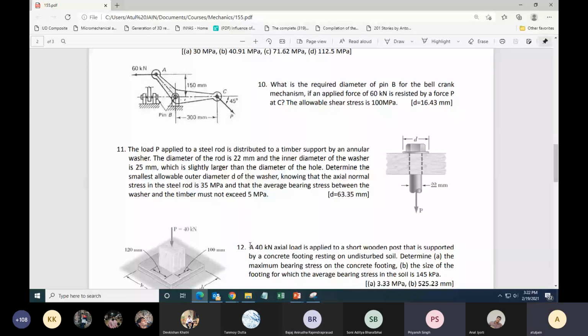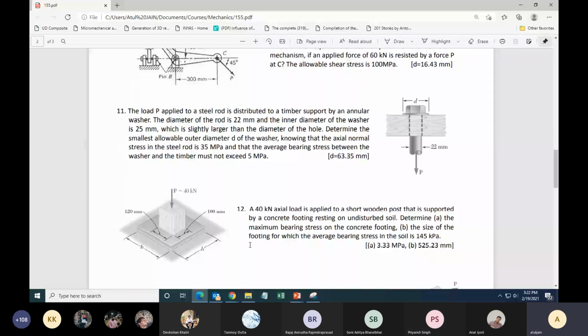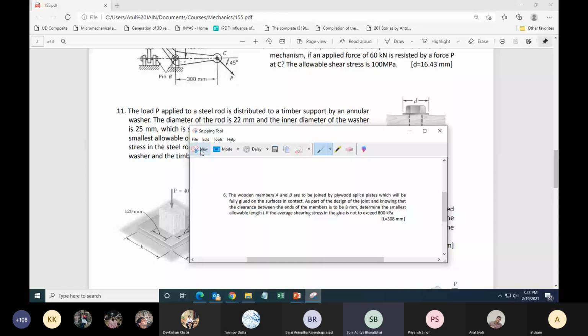No problem, sir. 11, anybody who did not get this, or anybody who got this, can you explain what area you have taken? For the bearing stress, what is the area? Actually we have to take the area, the whole pi r square minus pi r square, radius of outer surface minus radius of inner surface. Sir, area of the annular region at the bolt means pi d square minus pi into 25 square divided by 4.